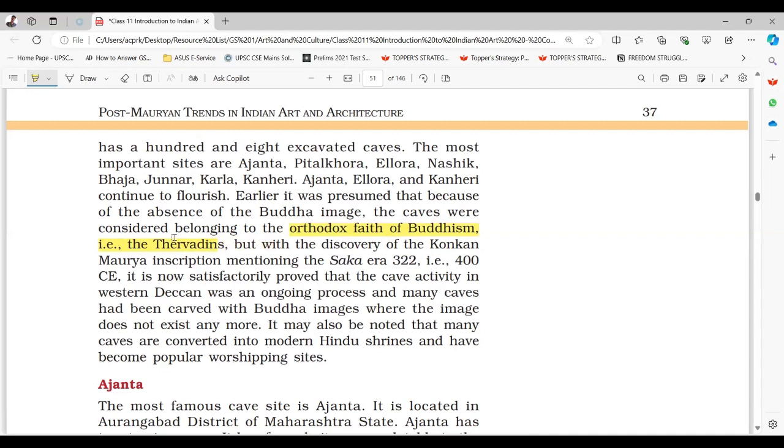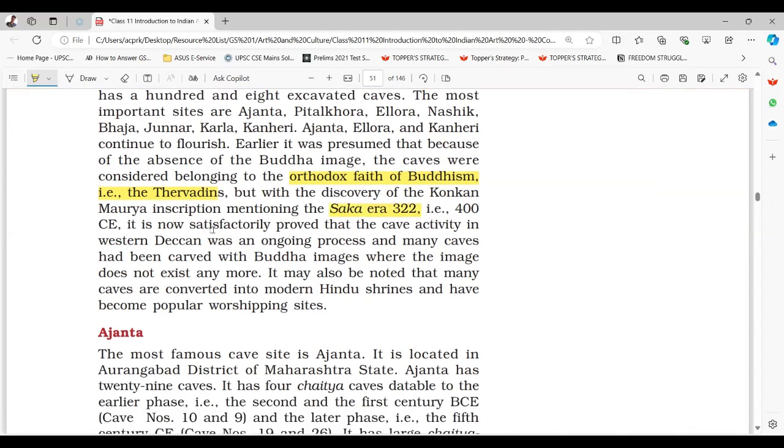But with the discovery of a Konkan Maurya inscription mentioned in the Shaka era 322, that is 400 CE, it is now satisfactorily proved that the cave activity in Western Deccan was an ongoing process, and many caves had been carved with Buddha images, where the image does not exist anymore. It may also be noted that many caves are converted into modern Hindu shrines and have become popular worshipping sites.